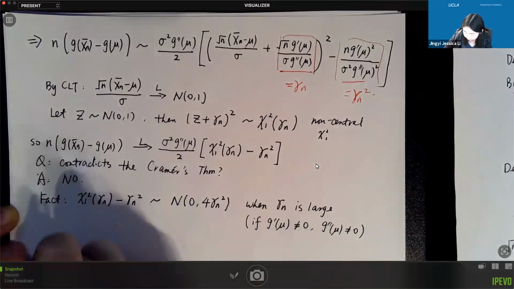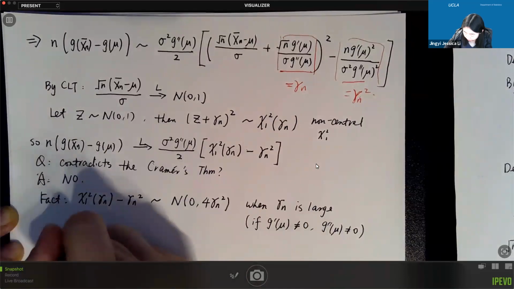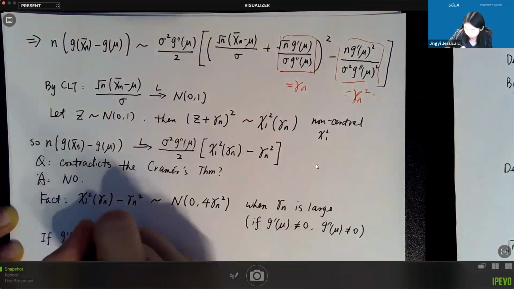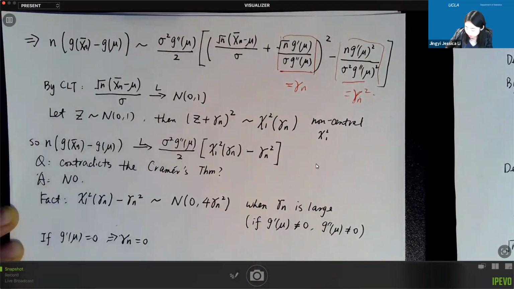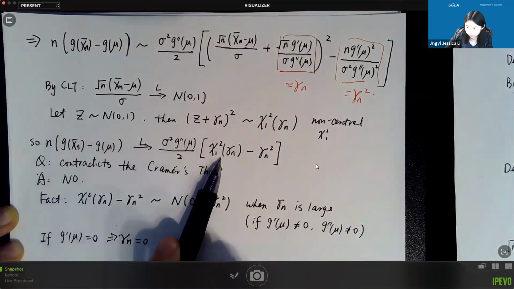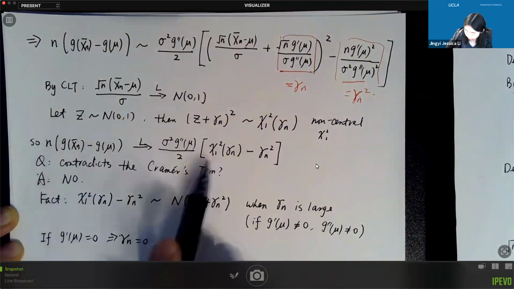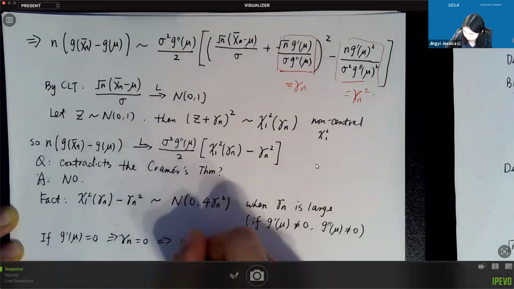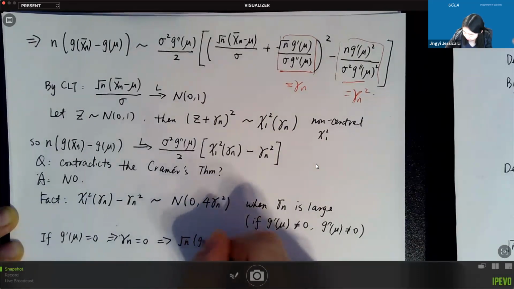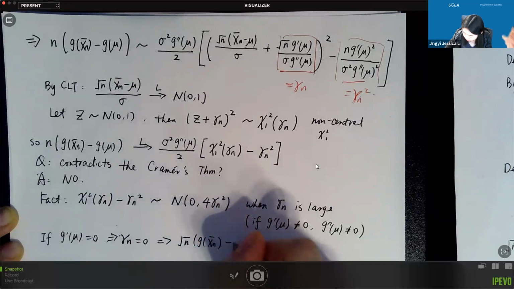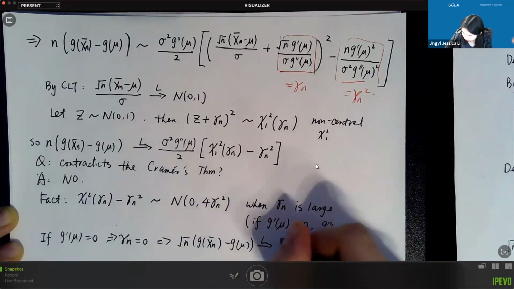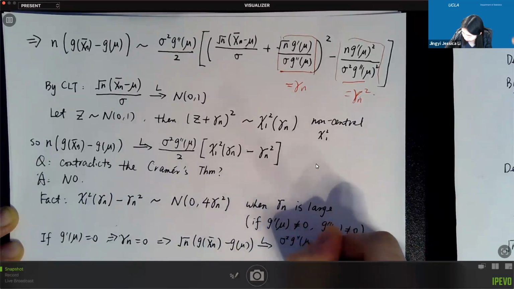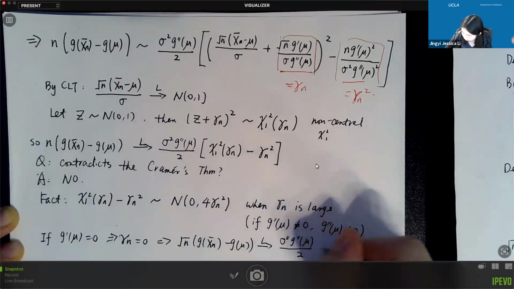But if g prime mu is 0, then we would have gamma n equal to 0. And when gamma n is equal to 0, we are under what case? We would have root n (g(Xn bar) minus g(mu)) converging in law to sigma squared g double prime mu over 2 times chi-square.